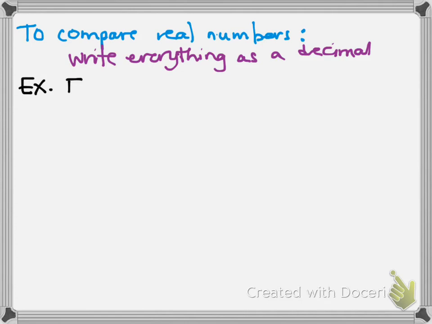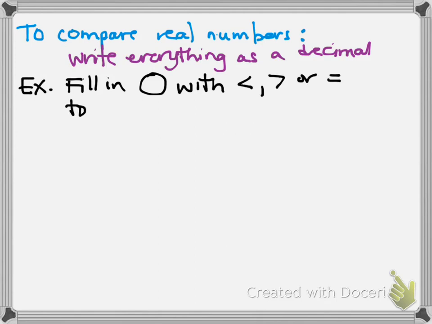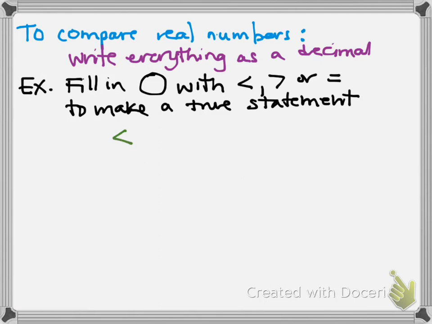So fill in, and they're going to give you a circle between two numbers with one of these 3 symbols, to make a true statement. Okay, so first thing I want to do is make sure we all understand the 3 symbols. What's this one called?